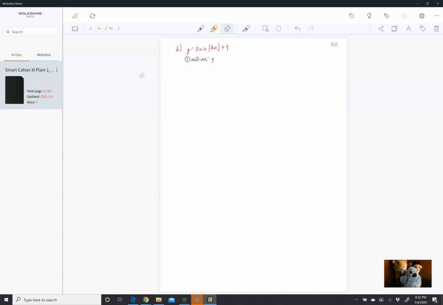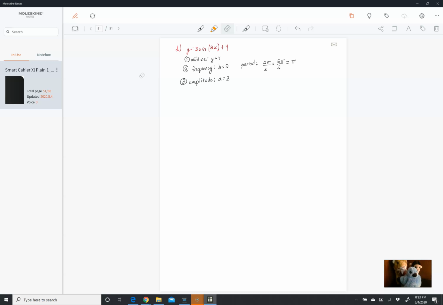Midline is at y equals 4. Our frequency is 2. We don't really need the frequency, we need it just to identify the period. So the period is 2 pi over b, or 2 pi over 2, which is just pi. And our amplitude is 3.